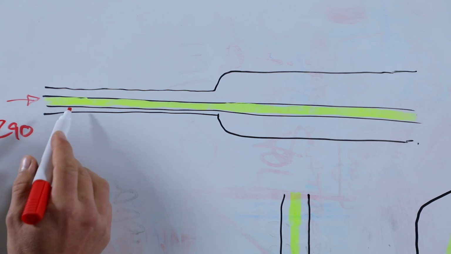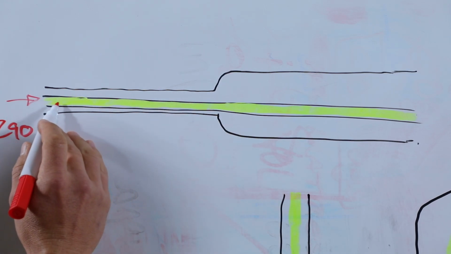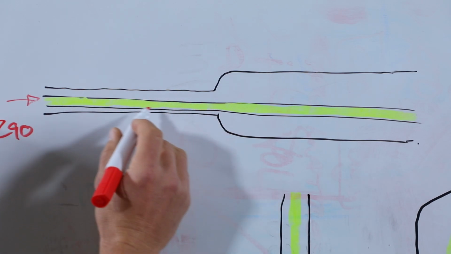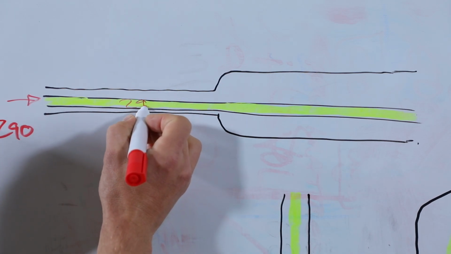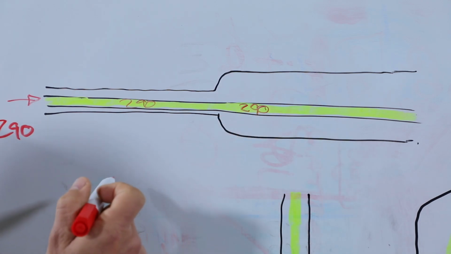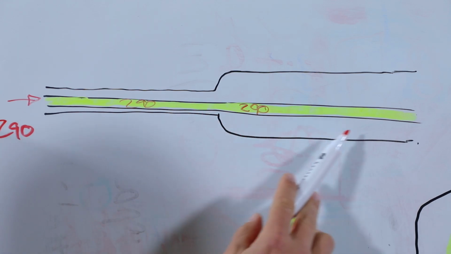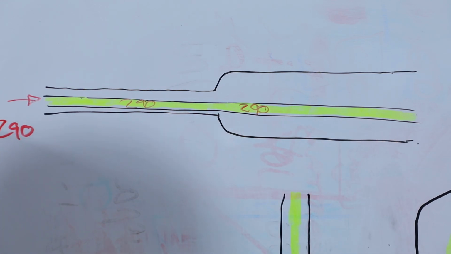So as it comes along here, it's going to be 290. As it goes into the thin part of the tube, loop of Henle, it'll be 290, and then it could be 290, and we go from the water permeable side, which is the thin side, to the water impermeable side, which is the thick side.